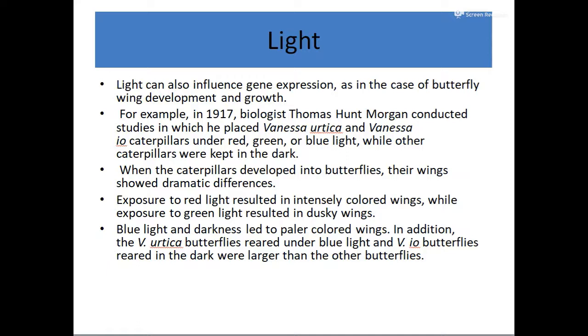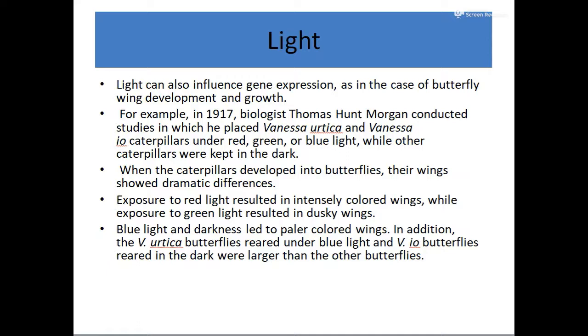That is, exposure to red light resulted in intensely colored wings, while exposure to green light resulted in dusky wings, and blue light as well as darkness led to paler colored wings. In addition, it was found that the Vanessa urticae butterflies reared under blue light, and Vanessa io butterflies reared in the dark, were larger than the other butterflies.